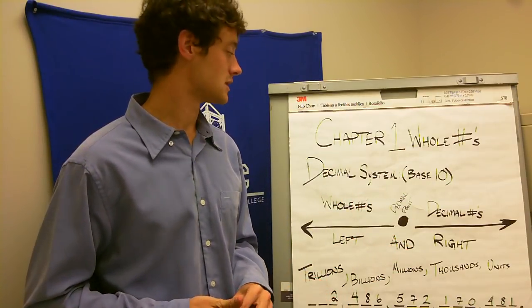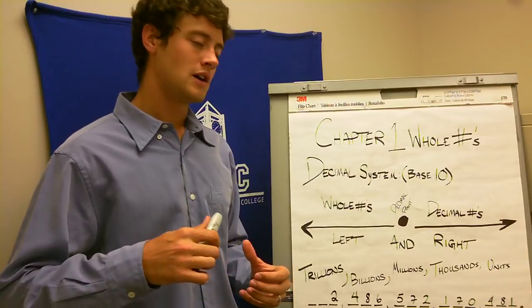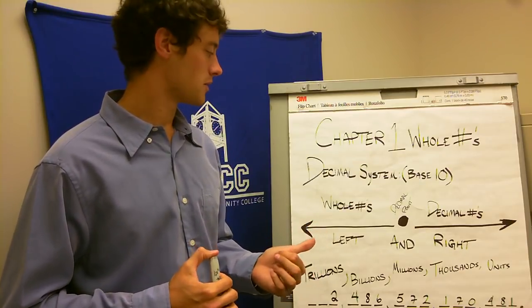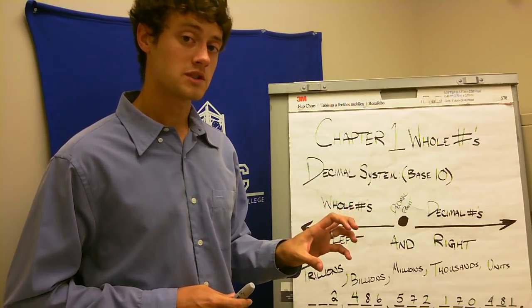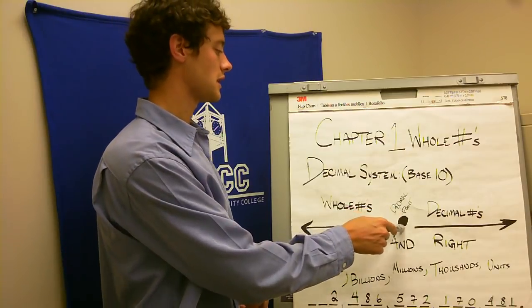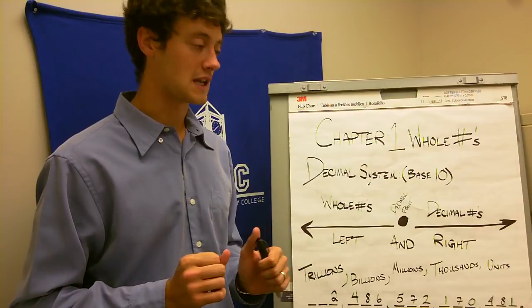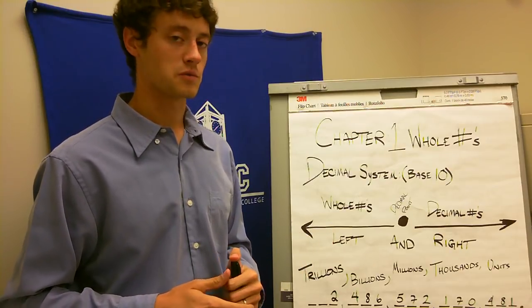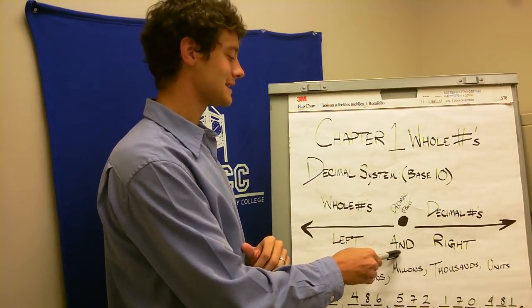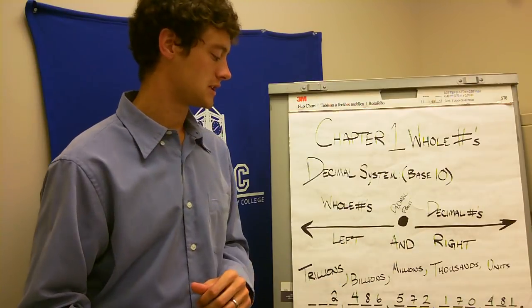There's 10 digits. And the numbers on the left, when you write down a number, those are considered whole numbers. And then your decimal point right here in the middle is what separates whole numbers and decimal numbers, which is to the right. And when you say "and," that also signifies a decimal point.